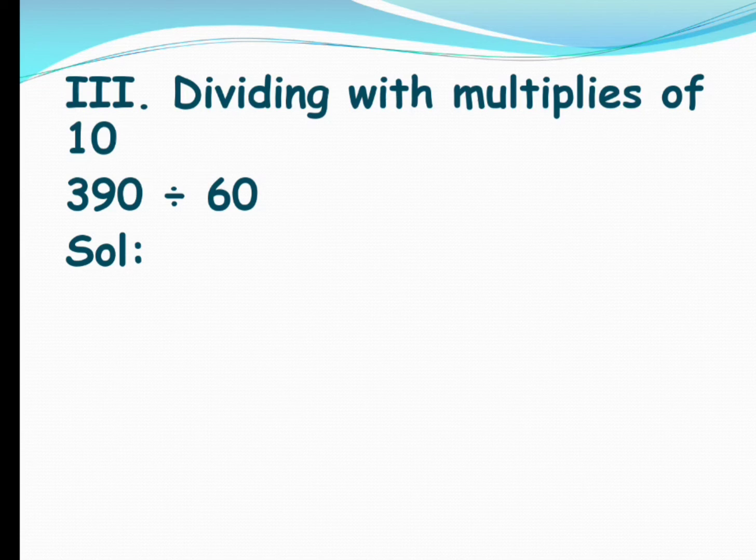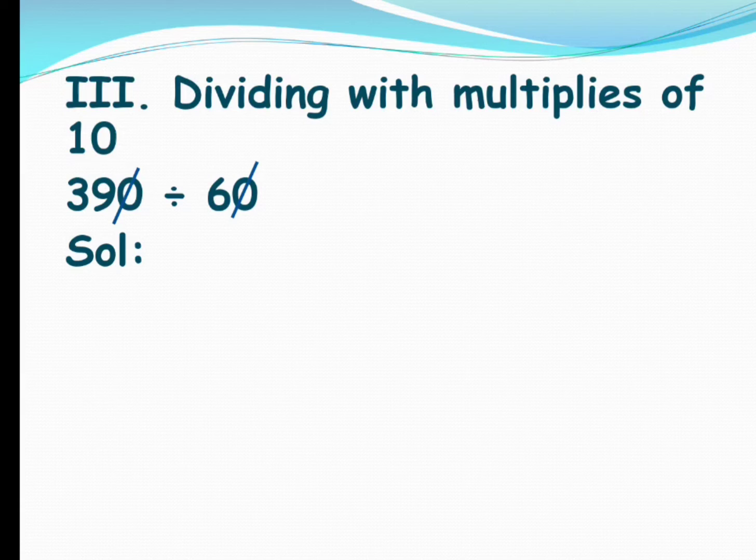So the first step is, in the dividend and the divisor, do we have any zeros in ones place? We have to check. If they are, you can directly cancel the zeros like this. Next, now you have 6 in your divisor and 39 in your dividend. So 39 becomes your dividend and 6 becomes your divisor.